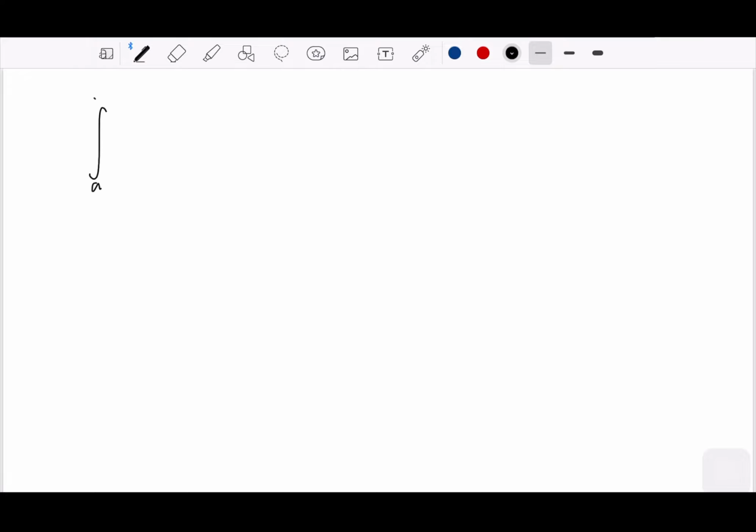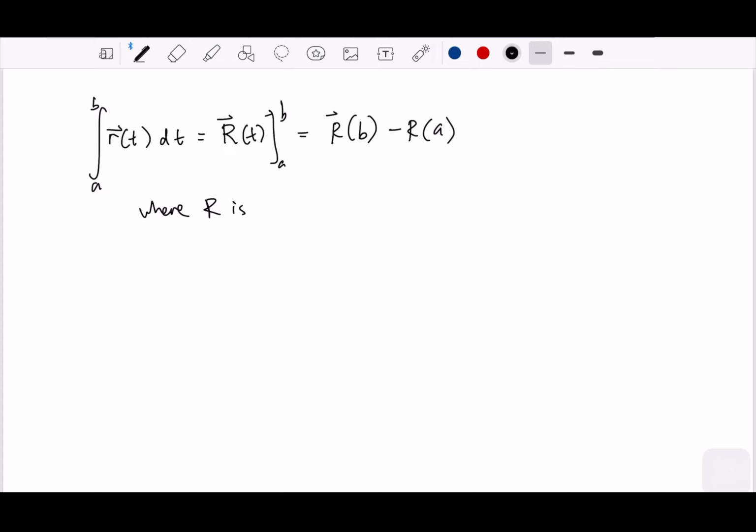You can also write the integral as an antiderivative, where R is an antiderivative of r, that is R prime is r(t).